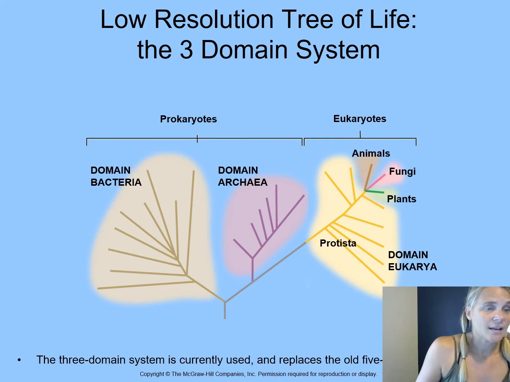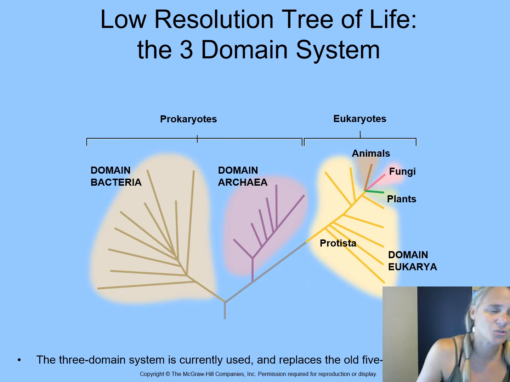Domain bacteria and archaea are all prokaryotic cells. Domain eukarya contain the eukaryotic cells. And you can see here, this represents those four kingdoms or groups, right? The animal kingdom, the fungus kingdom, the plant kingdom, and then this other grouping called the protists that are eukaryotes that aren't animals, fungi, or plants.